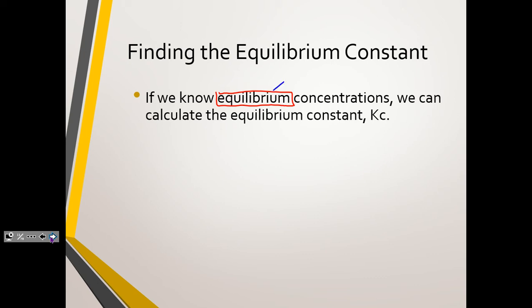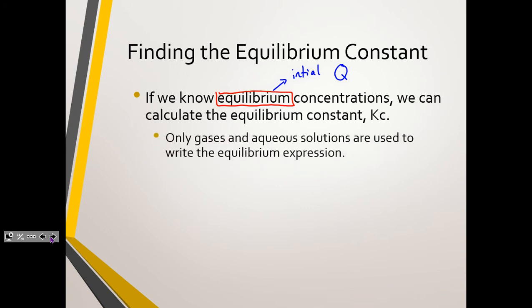What we're going to find is that later, if we look at the initial rates, we get this letter Q. So let's be sure we're looking at equilibrium concentrations. We are only going to use gases and aqueous solutions in the equilibrium expression, and I can't stress that this is so important. So when we see gases or aqueous solutions, we will use those. We will not be using pure solids or pure liquids.